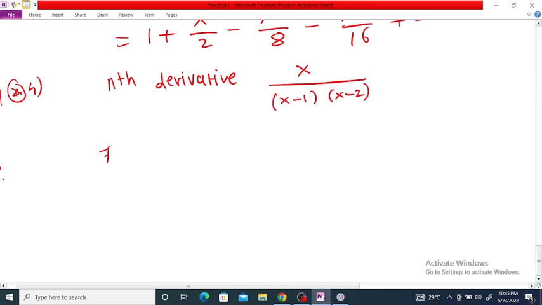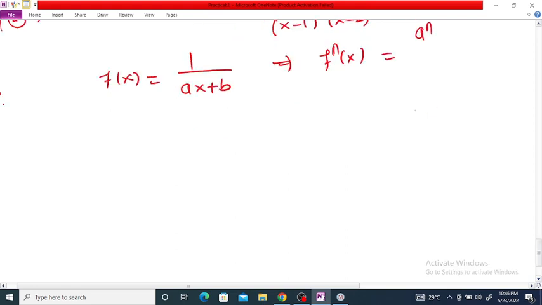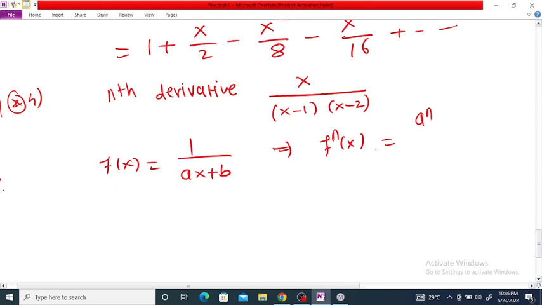If f of x is equal to 1 divided by ax plus b, then f n of x is equal to a raised to n, factorial n, minus 1 raised to n divided by ax plus b raised to n plus 1.